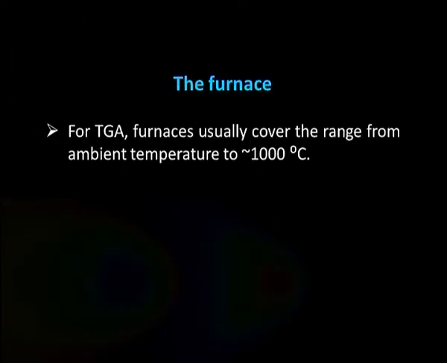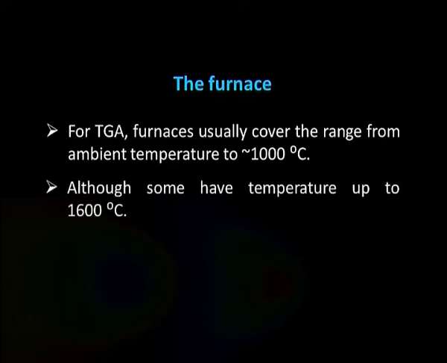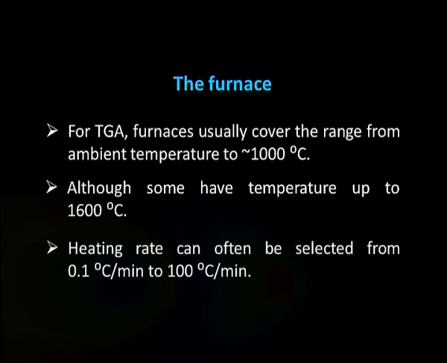Then comes the furnace. For TGA, furnaces usually cover the range from ambient temperature, which is usually 25 degrees, to about 1000 degrees Celsius. Although some have temperatures up to 1600 degrees Celsius, the common ones have a range from ambient temperature to 1000 degrees Celsius.